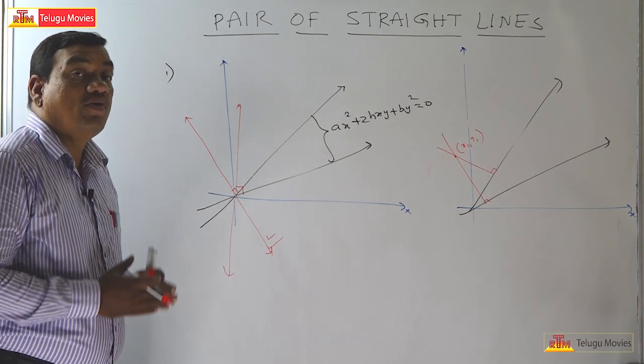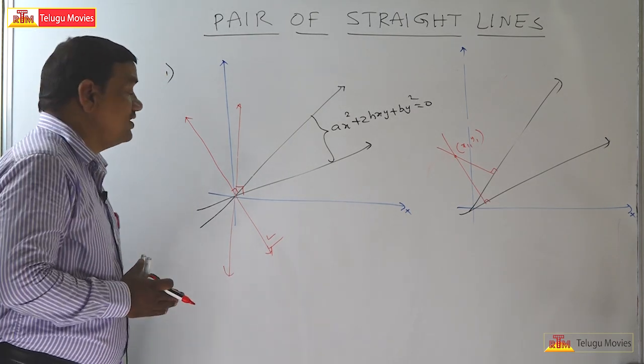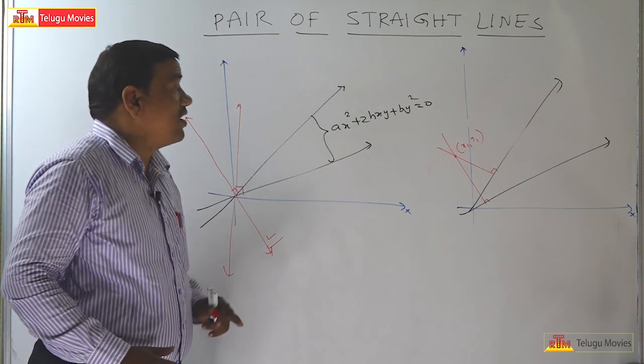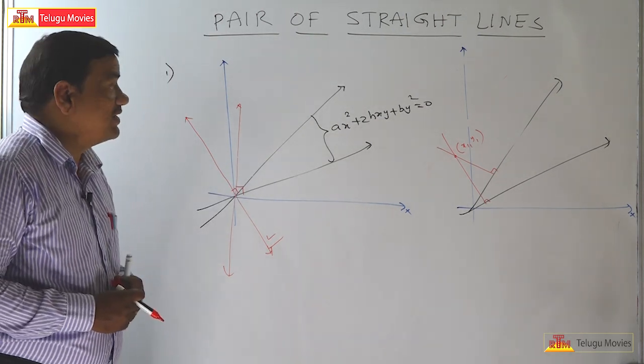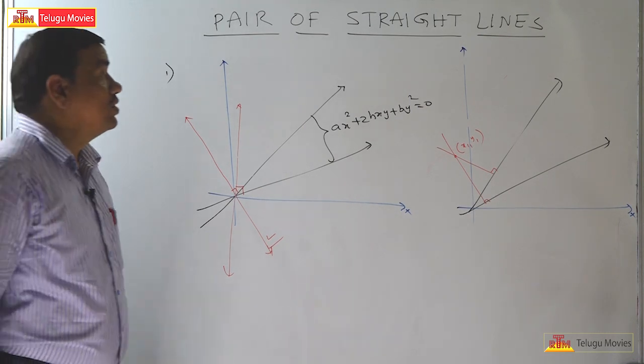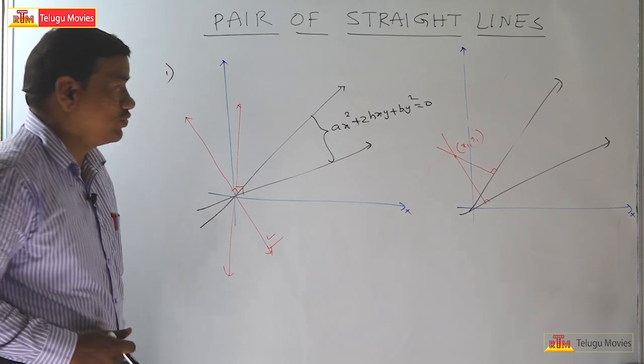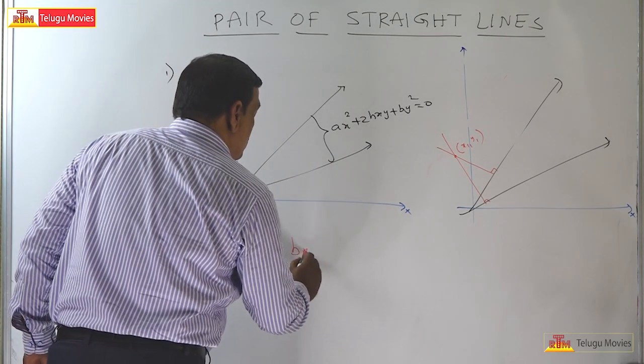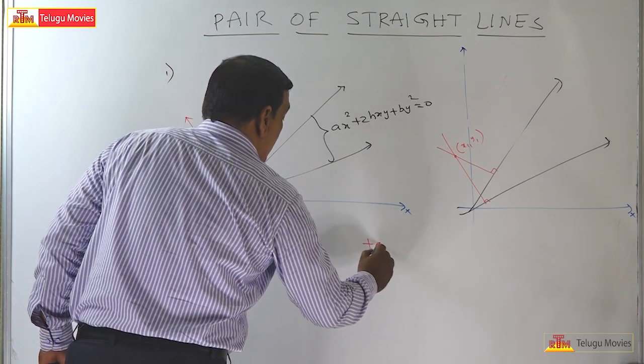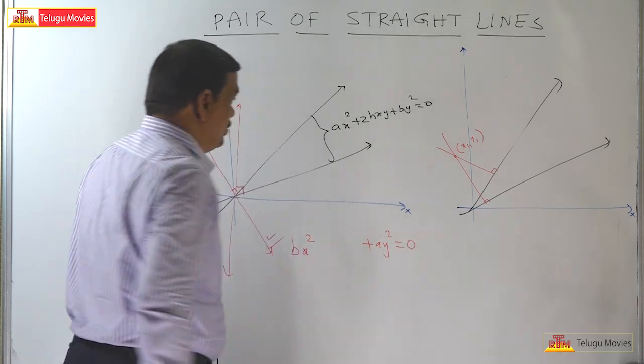The equation of the pair of lines passing through the origin and perpendicular to the pair of lines ax square plus 2hxy plus by square is given by, just interchange the coefficients of x square and y square, that is bx square plus ay square is equal to 0.